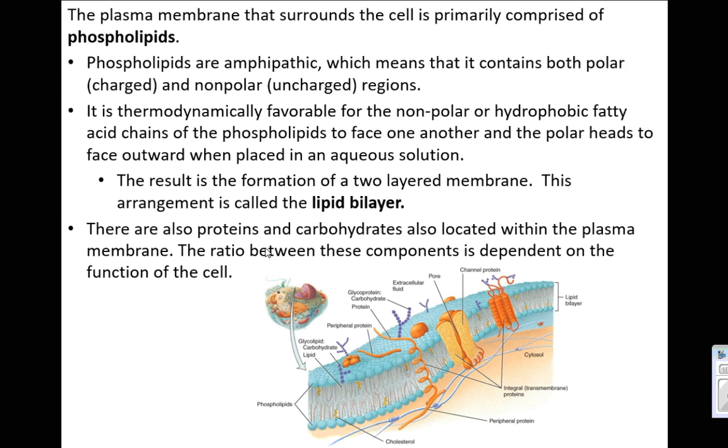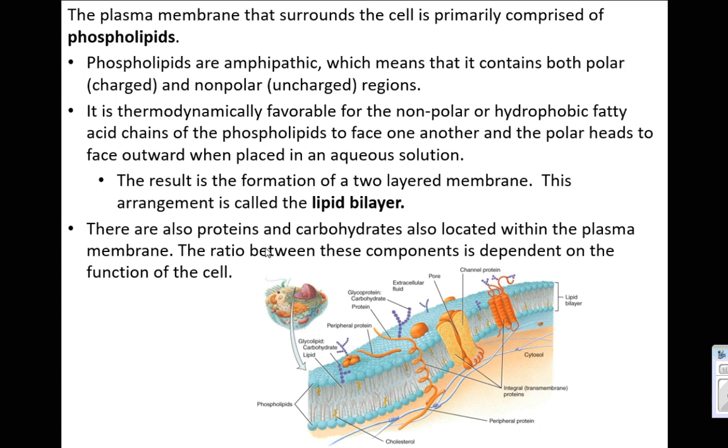The heads. Now, since they are polar, they do something different than most fats do with water. They are attracted to it. What was the word for that? Do you guys remember? Hydrophilic.